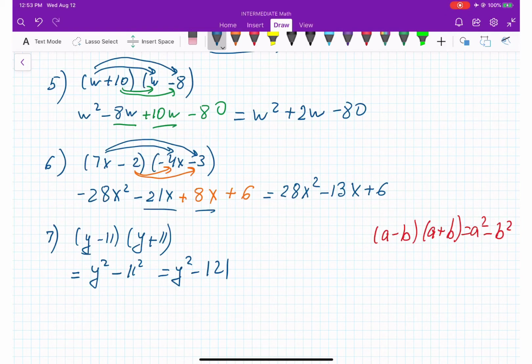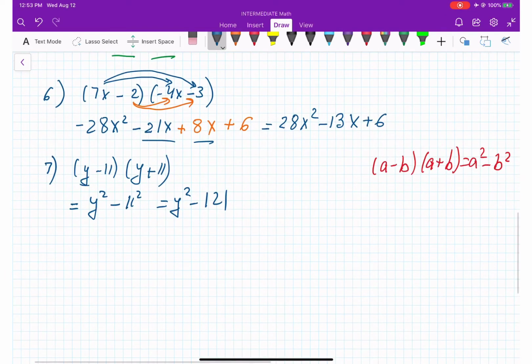Moving to next question, number 8. We have 9x minus 4 times 9x plus 4. So we are applying same formula 1.